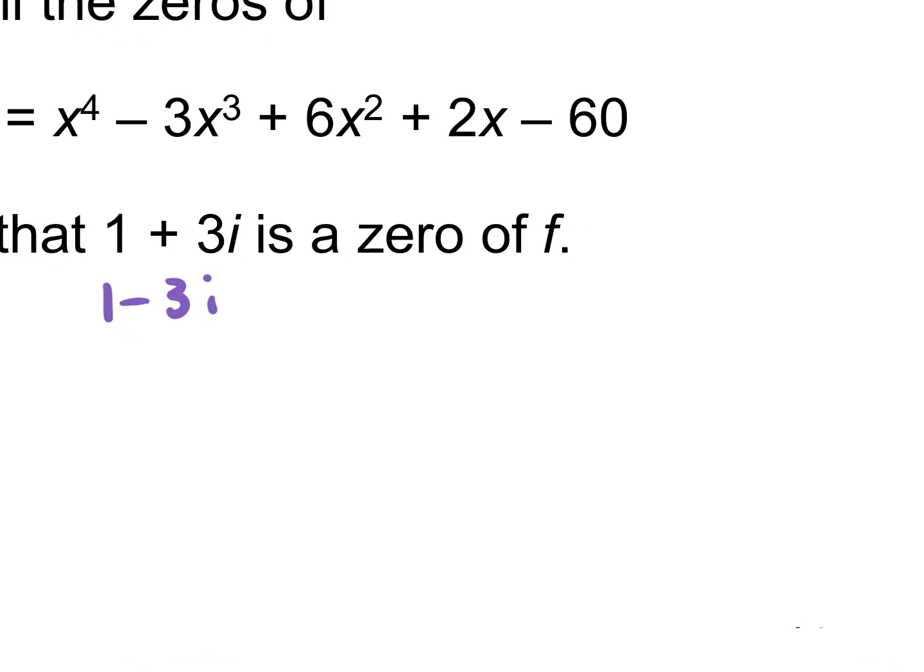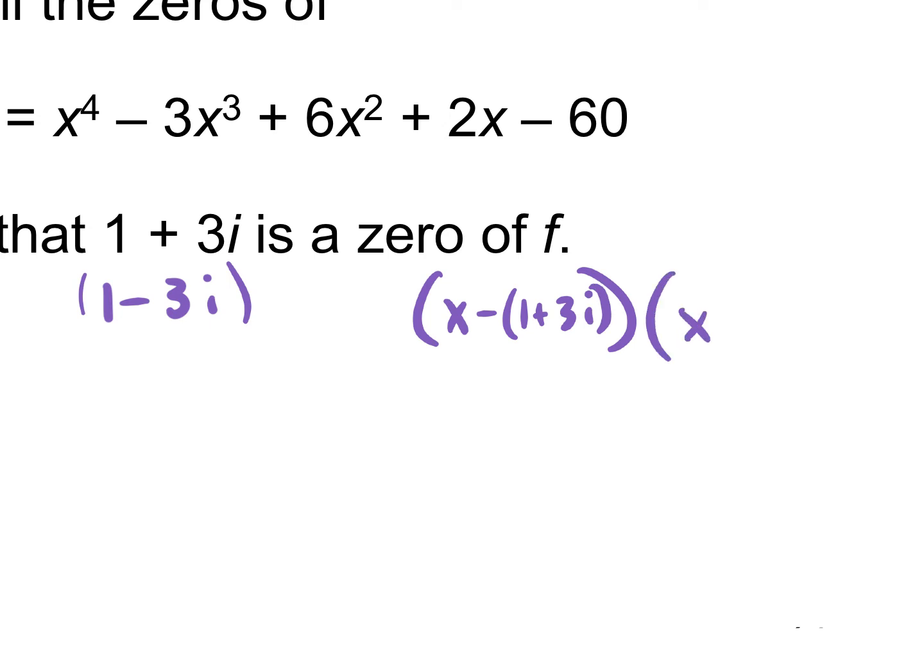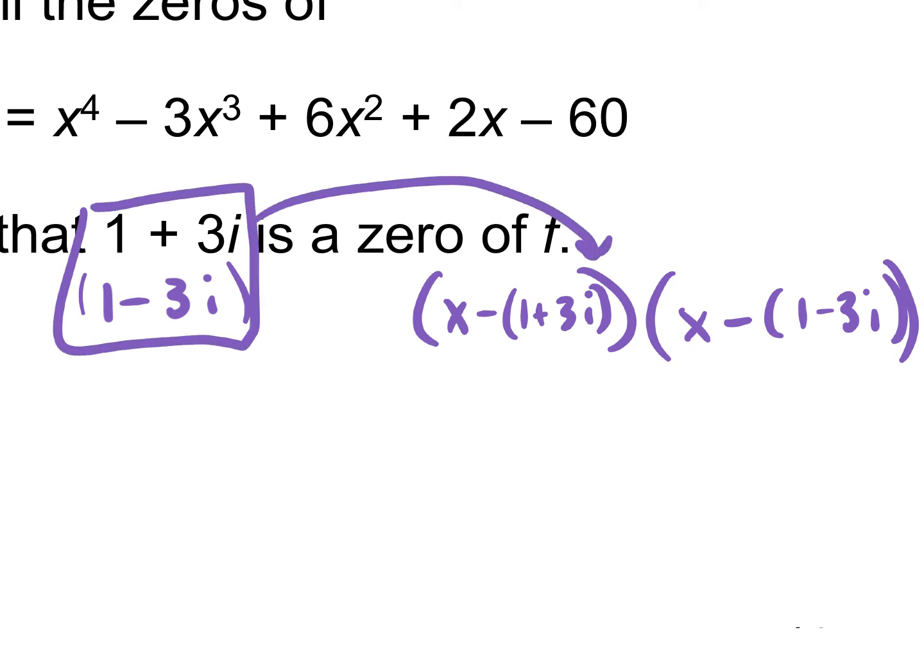So if I plugged these two into my factored form, I would have x minus 1 plus 3i and x minus 1 minus 3i. So remember, it's always x minus your 0. So these were my two zeros, and I plugged them into the factored form.